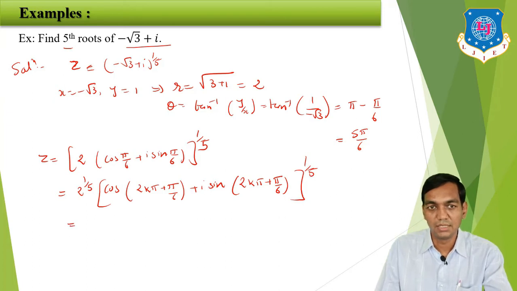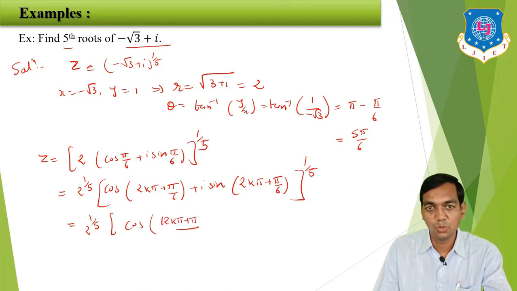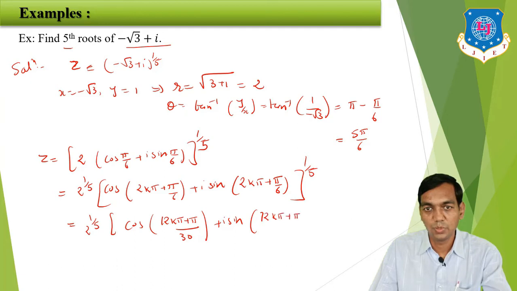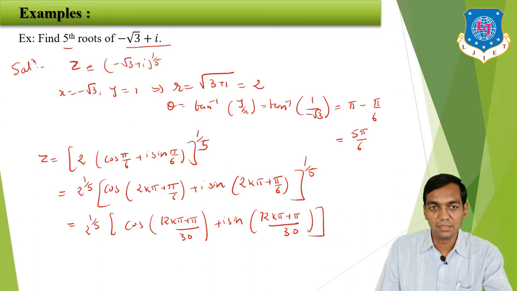Then this will give you 2 raised to 1 by 5 into cos, if you take the LCM, (12k pi plus 5 pi) upon 30 plus i sin (12k pi plus 5 pi) upon 30. And if you write it in the form of cis, that is also okay.